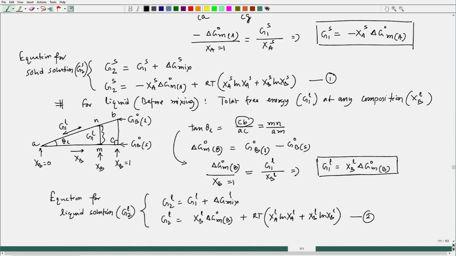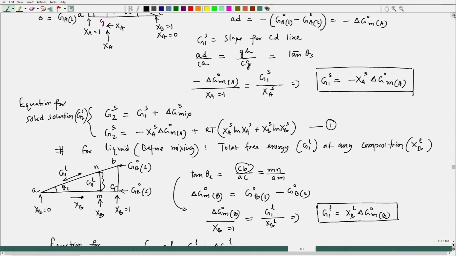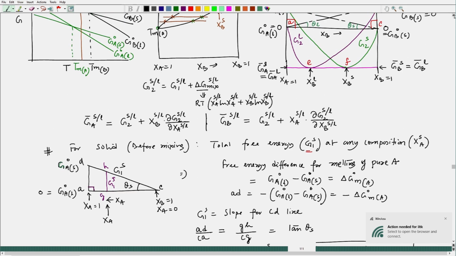Now, once we know the equations for the liquid solution and solid solution with respect to composition, as well as the free energy change for metal A and metal B, our entire effort should be how to get these 4 conditions, and those 4 conditions can be met at E and F. These are the 2 points where we will find those 4 conditions, using the molar partial Gibbs free energy for A and B in solid and liquid solution, and then we will equate them.